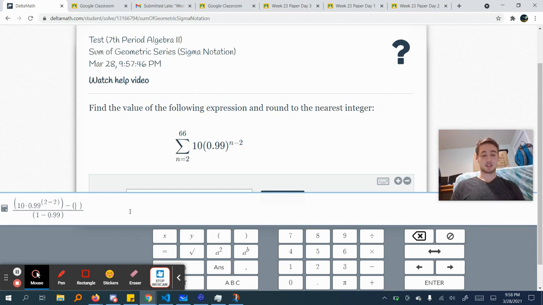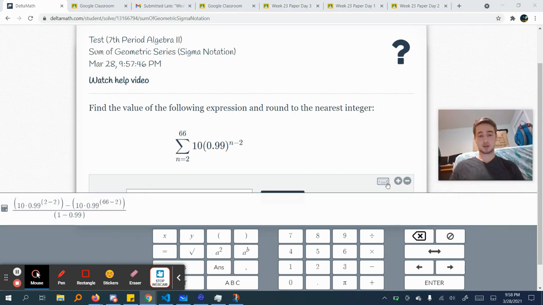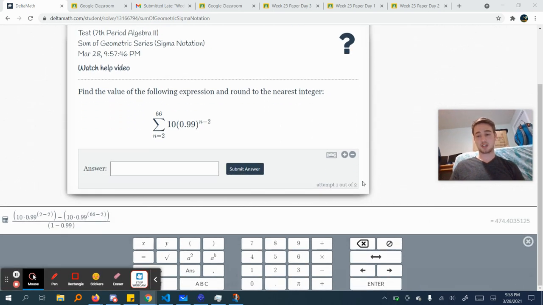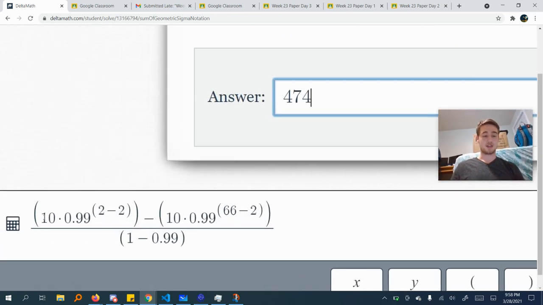Minus 66, sorry, my mistake, 10 times 0.99 raised to the 66 minus 2 power. Now it's going to give us a messy answer, but we're going to round to the nearest integer, which is 474. So that's going to be the bottom term.